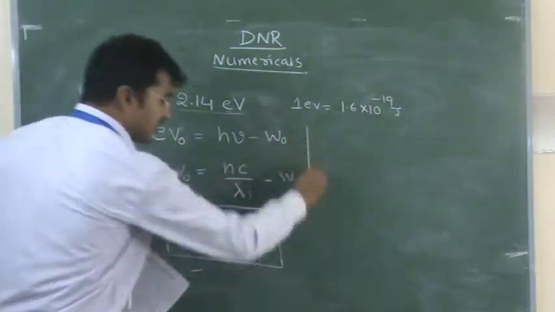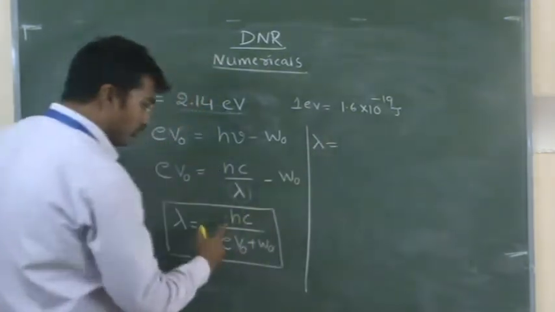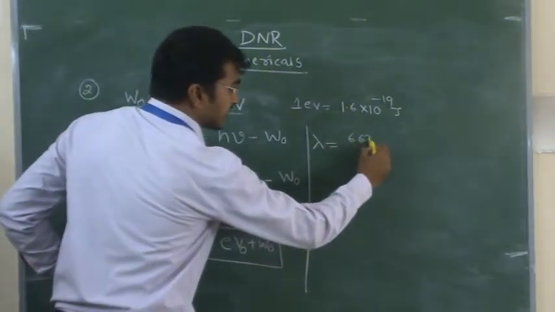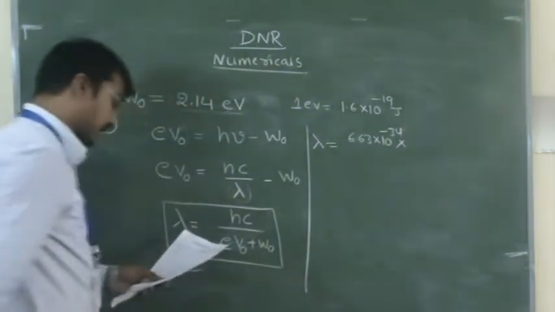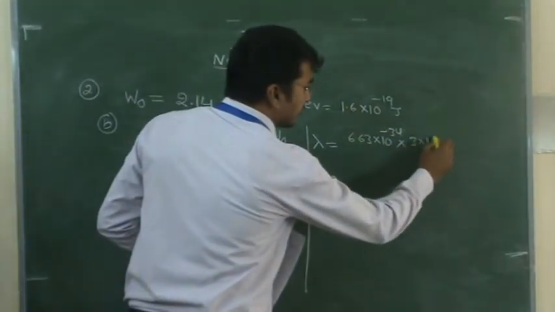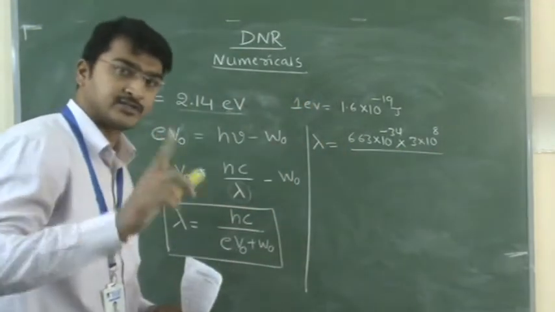So substitute the values now. Then lambda is equal to, what is h? Planck constant, 6.63 into 10 to the power of minus 34. Next, c, the velocity of light, 3 into 10 to the power of 8 meters per second. You have to keep everything in SI units only.